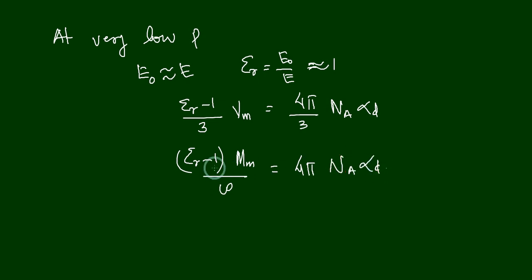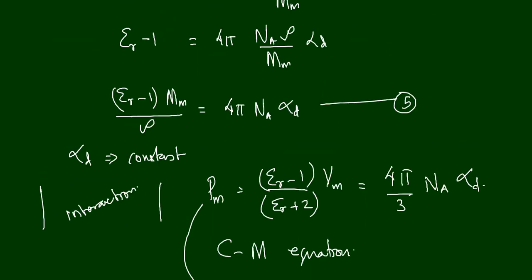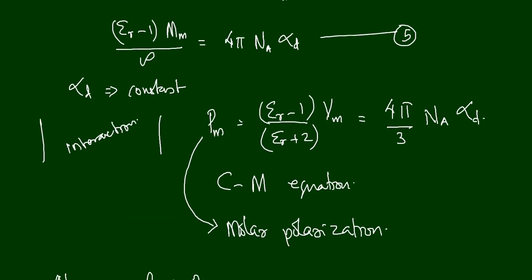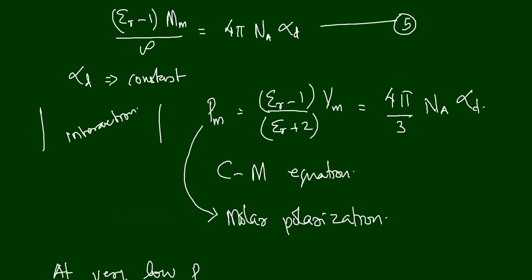What is this equation? (Epsilon r minus 1) divided by rho is equal to 4 pi Na alpha d. You know this equation already? It is here, equation number 5. So what will we learn from this? The Clausius-Mosotti equation reduces to equation number 5 when the gas pressure is very low.